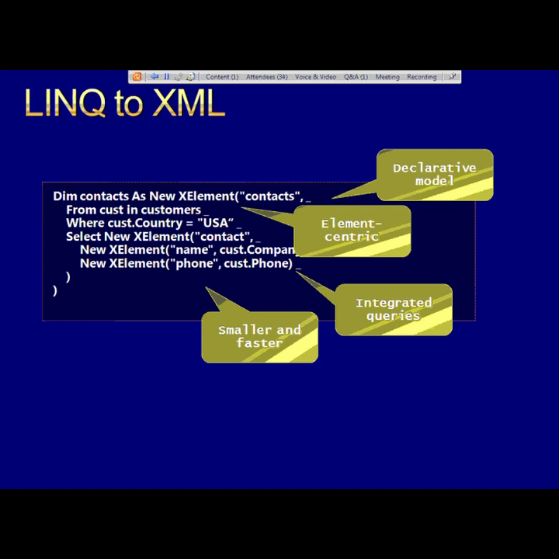So now we've got more of an element-centric model. We can just throw elements into other elements, and you can just take a fragment. So the contact ends up being just an XElement or an XML fragment. With the integrated query, you can now actually write a LINQ query in here, so we can put anything we want in here to query that XML. And the code is a lot smaller.